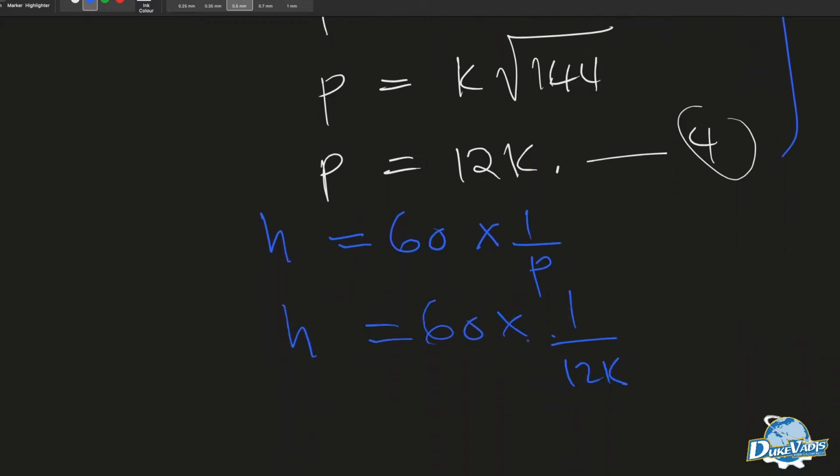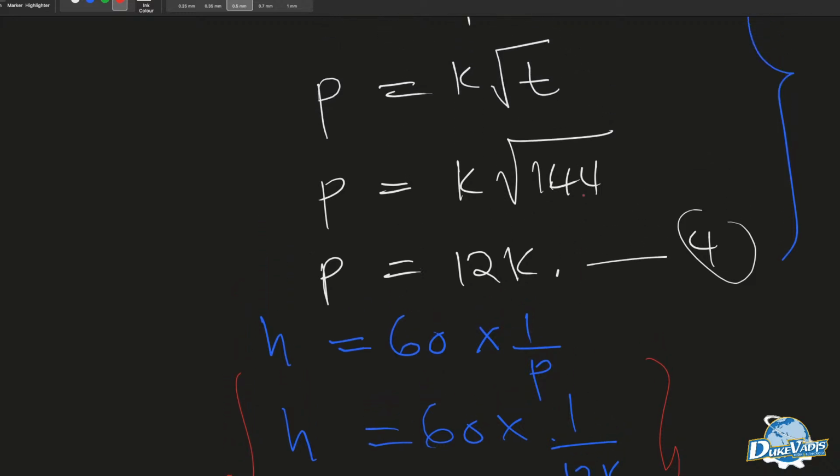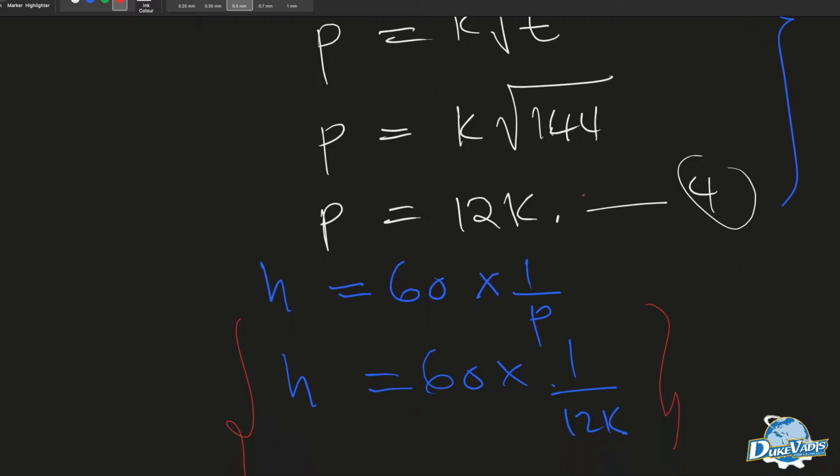Okay, so let's substitute. Let's write our equations one by one. Here, h is equal to 60 times 1 over k, so we have to find the k itself. Then we have p is equal to k square root of t.